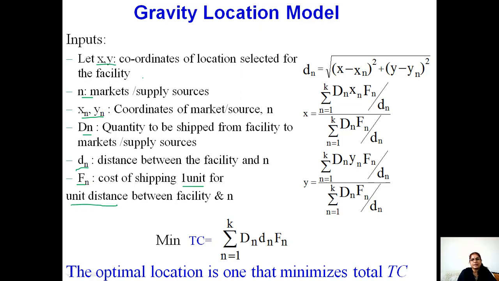So when we multiply, supposing, before that, we need to calculate what should be the location where the facility has to be installed. So for that, first we are calculating small dn using the distance formula. This is called the distance formula. x, y are the coordinates of the facility.